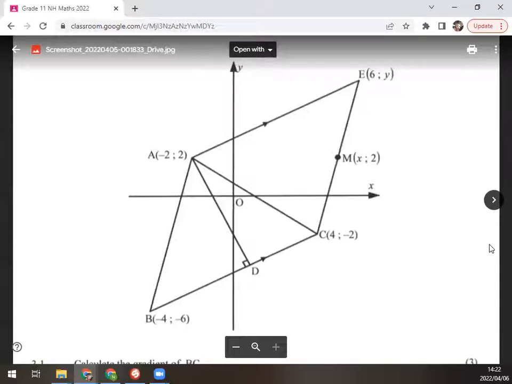If we know that the gradient of BC is a half, then we can say y minus y1 is equal to a half (x minus x1). To find the equation of BC, which point must I have? A point on BC. How many points do I have on BC? I have 2. So you can choose: you can start with B, or you can start with C. It's up to you.